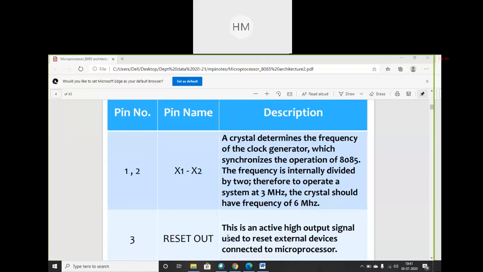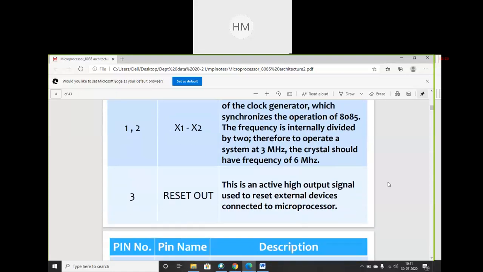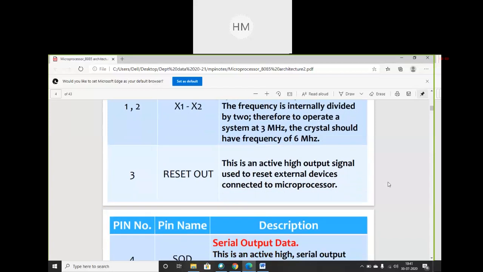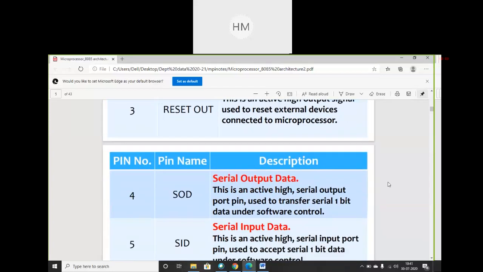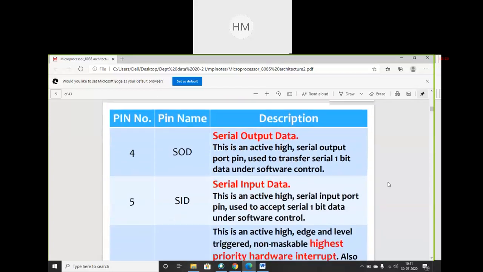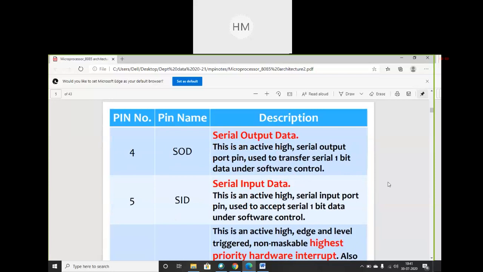Then RESET OUT, pin number 3. This is an active high output signal used to reset external devices connected to the microprocessor. Clear? Next, serial output data. This is an active high serial output port pin used to transfer serial 1-bit data under software control.